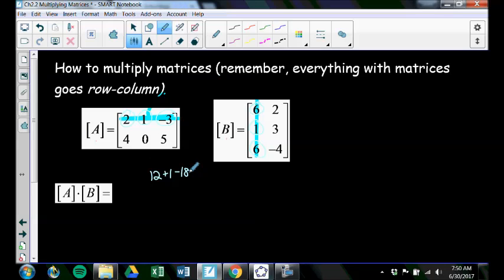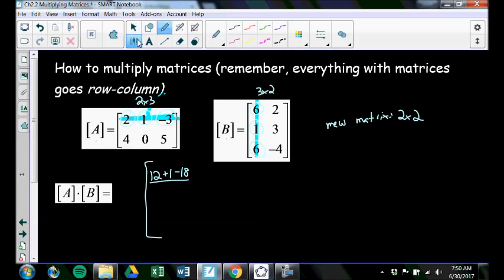And that will make up the first cell of my new matrix. So remember, this is a 2 by 3, and this is a 3 by 2. The inner numbers match, so the new matrix will be a 2 by 2. I just wrote mu, but ignore that. The new matrix is going to be a 2 by 2. So here's the top left. This is the top left cell of this new matrix.